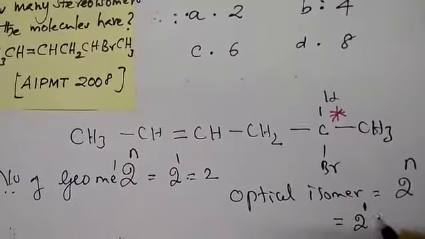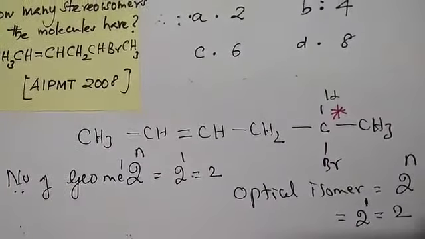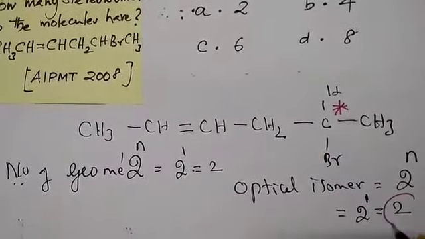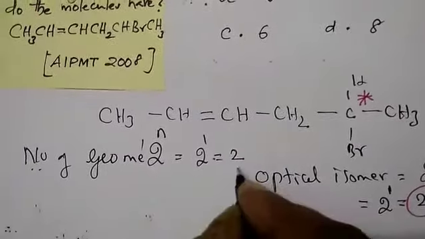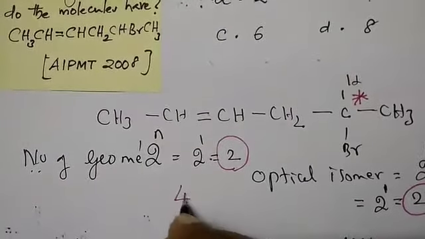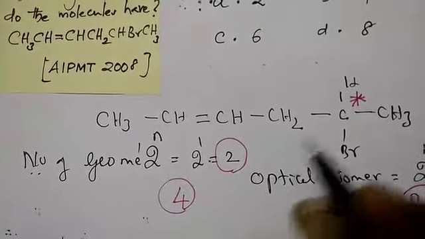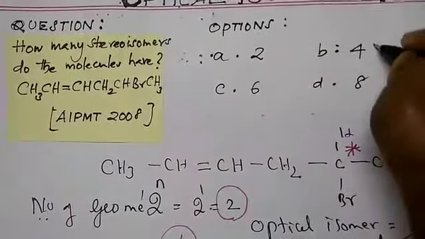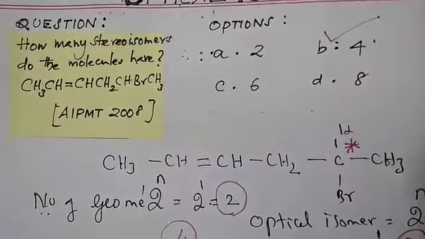Here it is 1, so 2 power 1 is equal to 2. Now we have optical isomers 2 and geometrical isomers 2, so the total is 4. The option should be the number 4, so the answer is B.